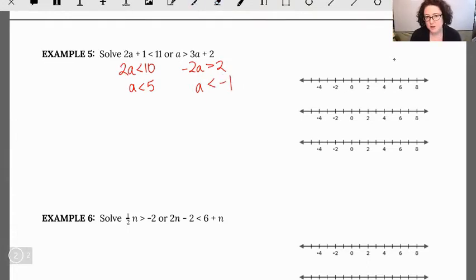So again, I can look at my overlaps. I put 3 graphs on here so you could check to see how it looks. So let's try this out. So A is less than 5. Again, not inclusive, so open circle. But then we also have A is less than -1.